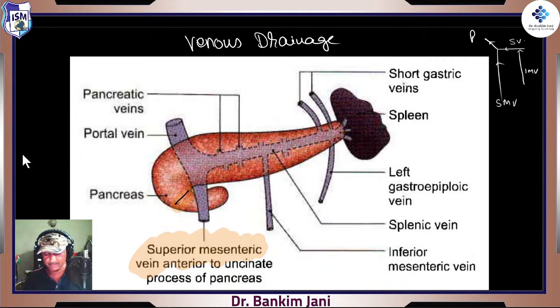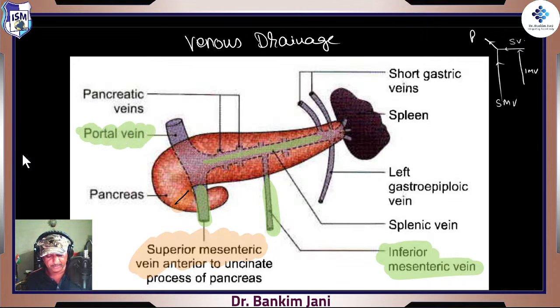So that is like that. So over here, superior mesenteric vein, right? That is good. Then this one is inferior mesenteric vein. Yes, this is fine, and this one is splenic vein, right? And they meet to form that portal vein.